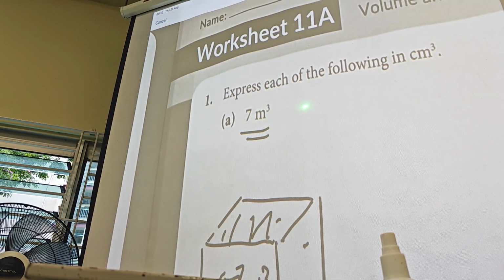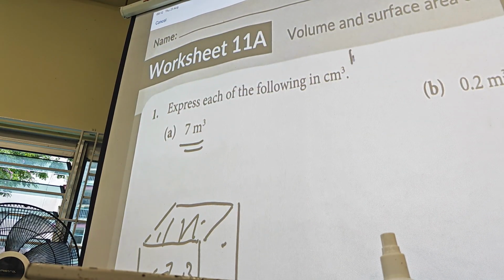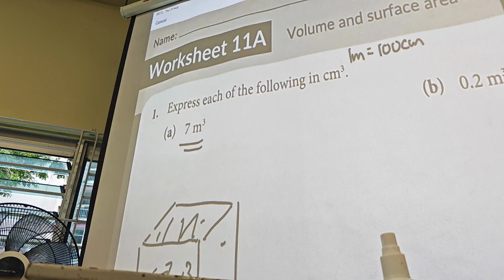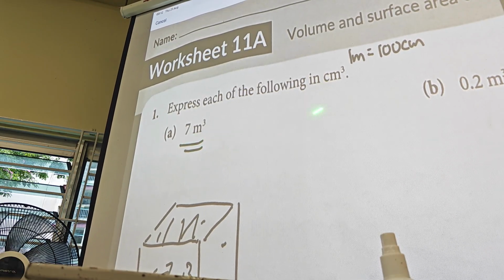I know I am converting meter to centimeter, then I will go back to the most basic. I will write down 1 meter is 100 cm. But now I am converting meter cube, so I cannot use this scale. This scale is for converting the length.